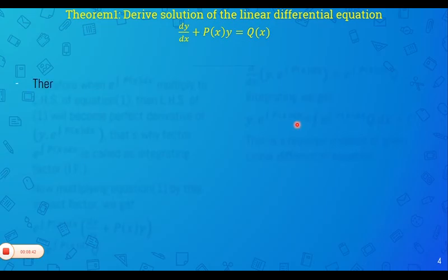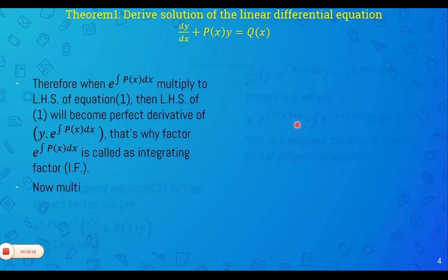So therefore when this factor e to the power integration p dx multiplies the LHS of equation 1, then LHS of 1 will become the perfect derivative of y into e to the power integration p dx. That's why this factor is called the integrating factor, and it is denoted by IF.